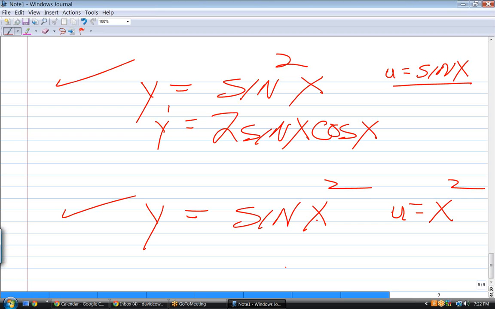The bottom one, the derivative of the outside is sine of u, so the derivative of sine is cosine of u times the derivative of the inside, which is 2x.